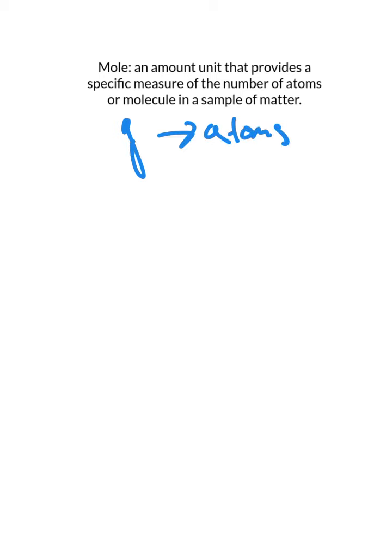There's the middleman, which is the mole. Grams to moles to atoms. In this way, it's super important for conversions, which we use in the lab all of the time.